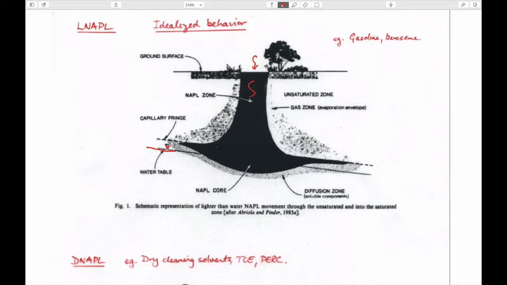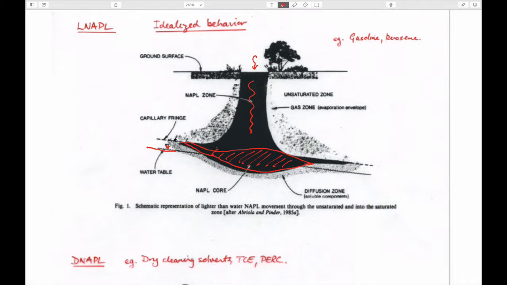It will be carried down by its own self-weight in this unsaturated or partially saturated zone, and ultimately it will stop when it hits the water table, and it will slightly depress the water table and create a zone in which it gets basically cupped by the material around it.